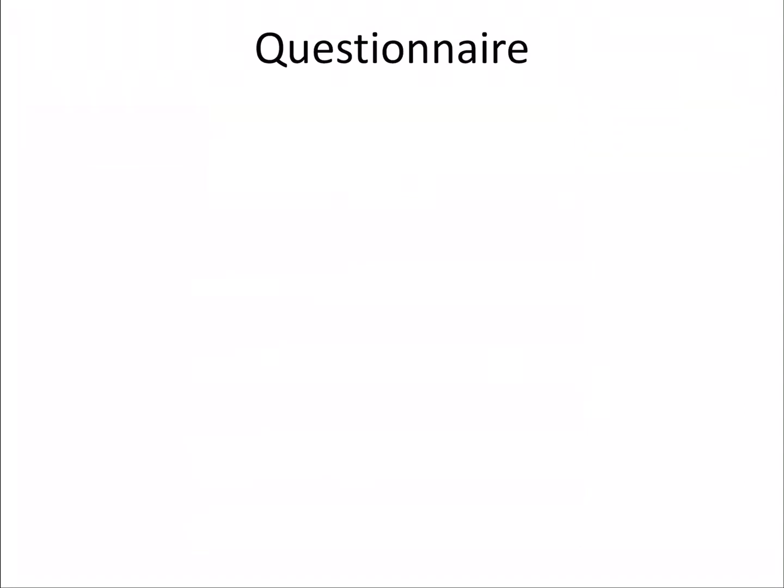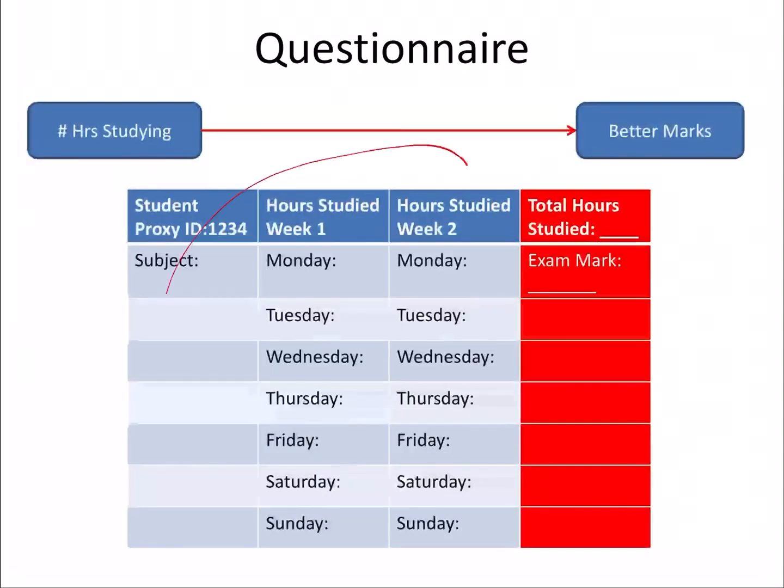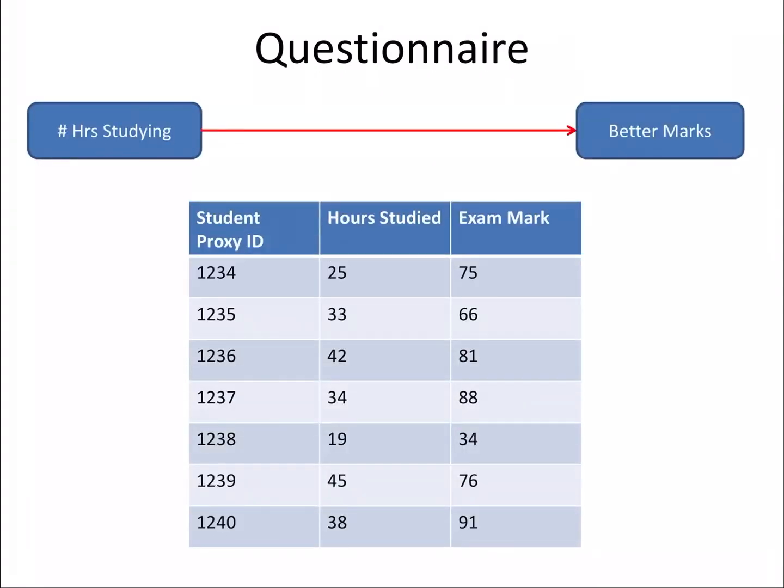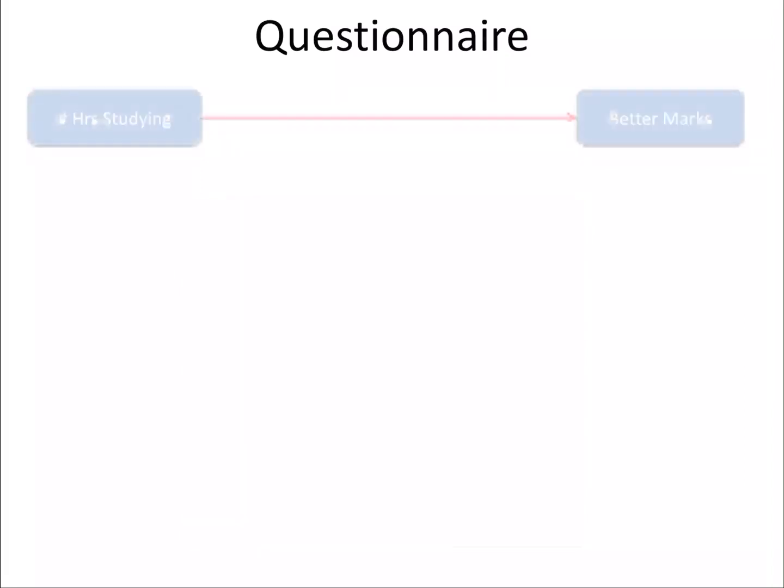And once you have a bunch of these sheets, you can compile them all together so you have different student IDs and you know how many hours they studied and you have a certain mark for them. So this would be one way to collect data from a questionnaire.